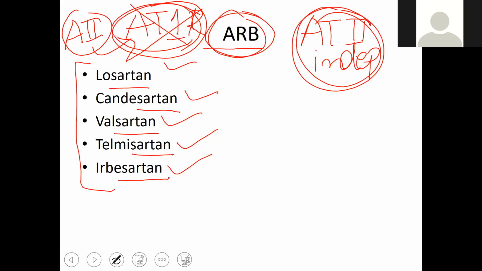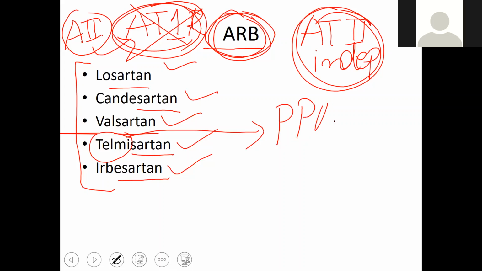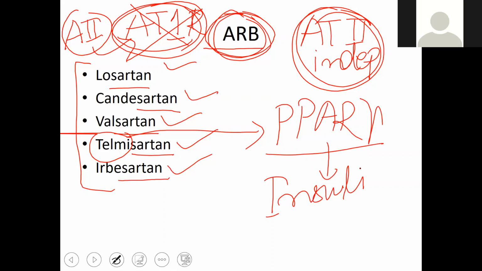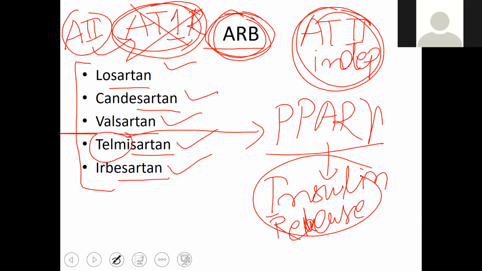And one more thing, in addition to blockade of the receptor, telmisartan also has one additional effect. It stimulates PPAR gamma, and PPAR gamma mediated insulin release from the body happens because of telmisartan.